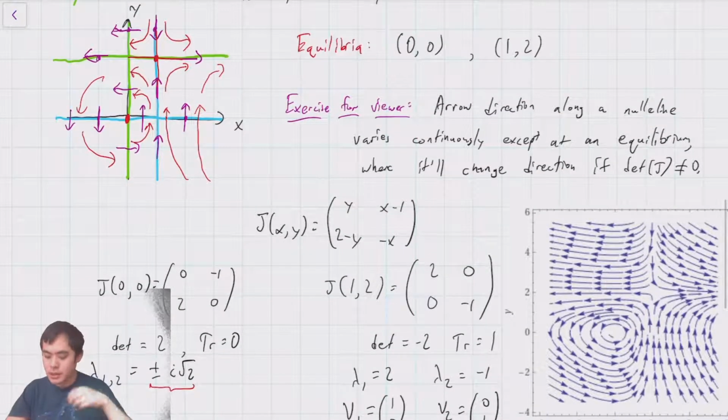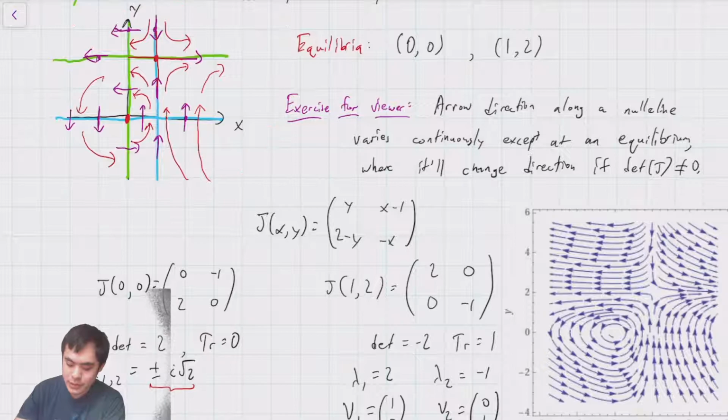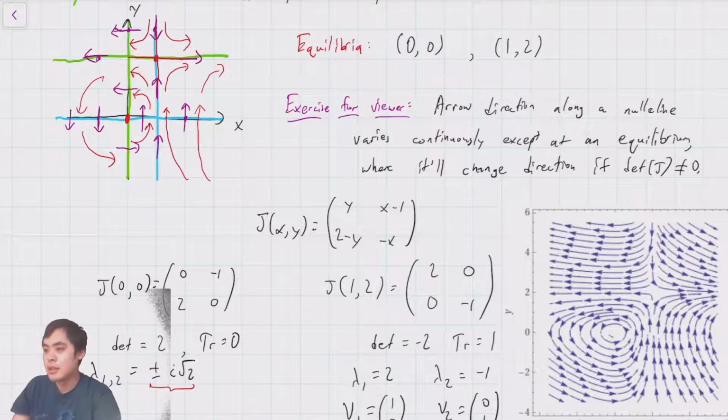As you can see, the trajectories that we drew over here are pretty similar to the ones in the computer-generated stream plot, where you have the center around here, where you're going around in circles, and you have your saddle point over there.